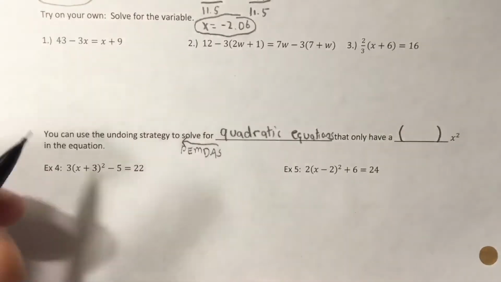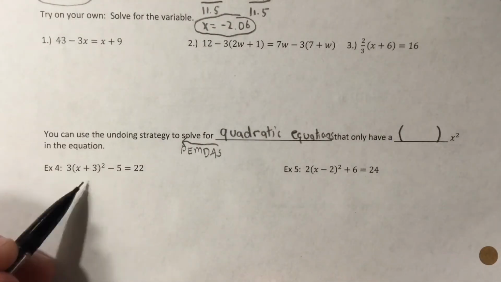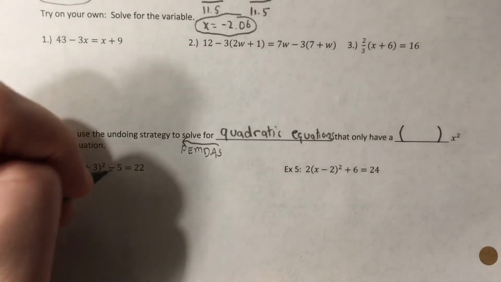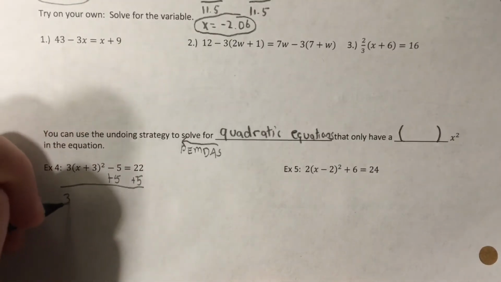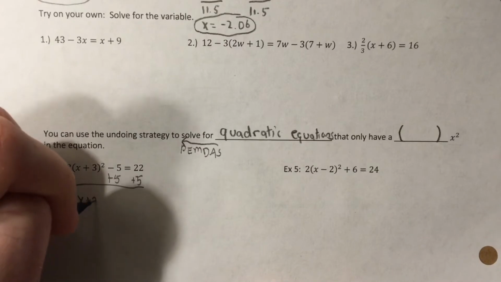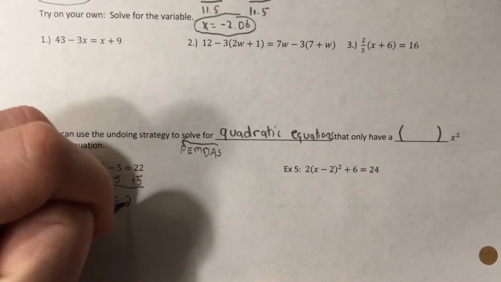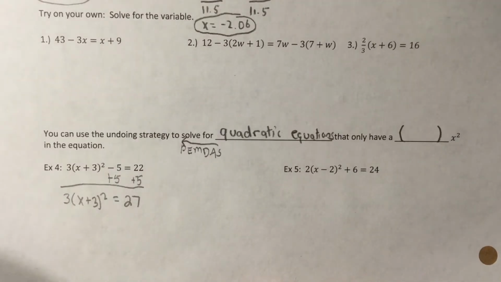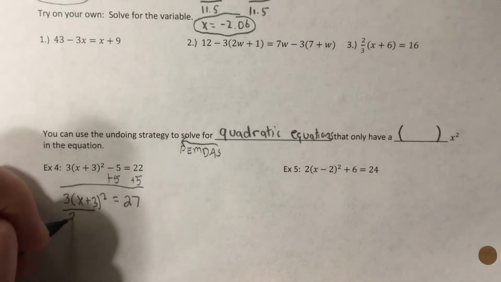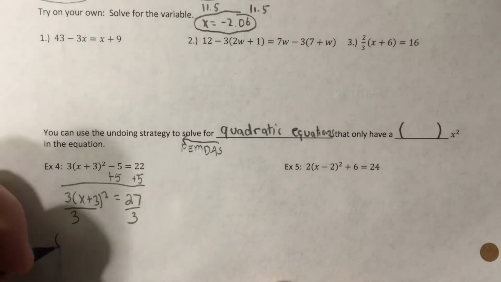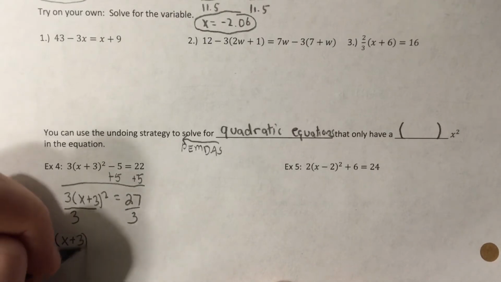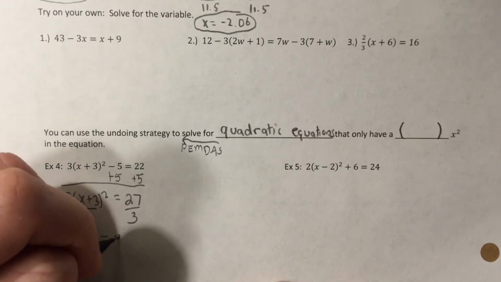I am undoing anything added or subtracted to this parenthesis squared, so I'm going to add 5. That gives me 3 times the quantity x plus 3, squared, equals 27. I'm going to divide by 3, and that would give me x plus 3, quantity squared, equals 9.